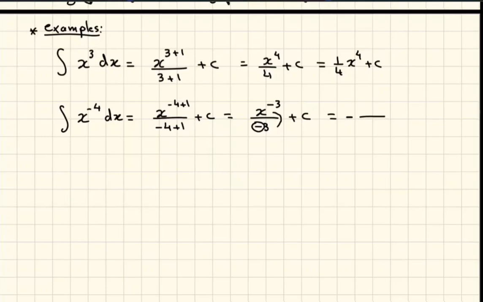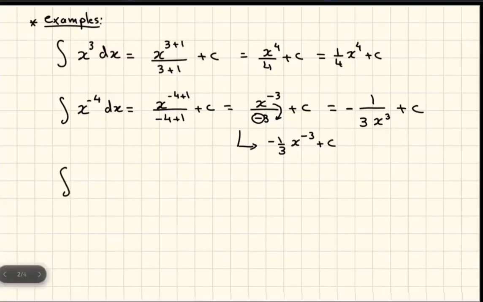And x exponent negative 3, because it's negative exponent, we take it down, it becomes x cubed, and the 3 that was down, it stays down. And I will write 1 on top because nothing is left. Sometimes they don't ask you to write positive exponents, so you just keep it as it is. So if they don't ask for positive exponent, you write minus 1 over 3 x to the power negative 3 plus c. Okay?